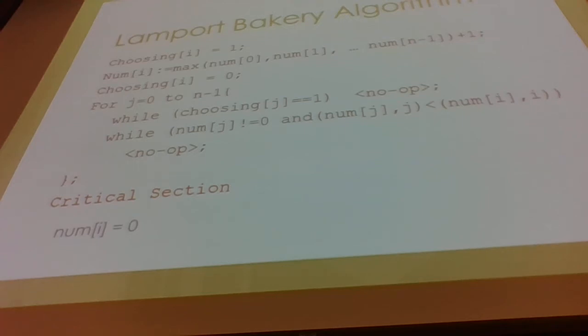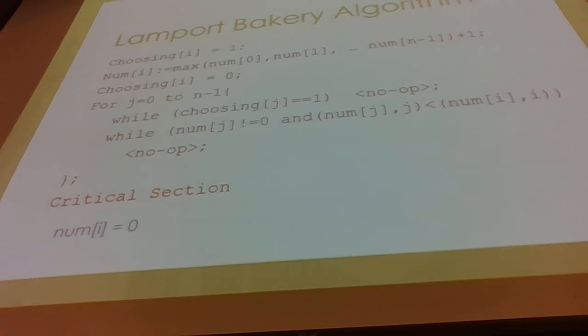So what will happen is, let's say process 2 to the power 16 plus 1 had the same num as process 0, because they came at the same time. Let's evaluate the while condition: while num j is not 0, for process 0 as well as process 2 to the power 16 plus 1.